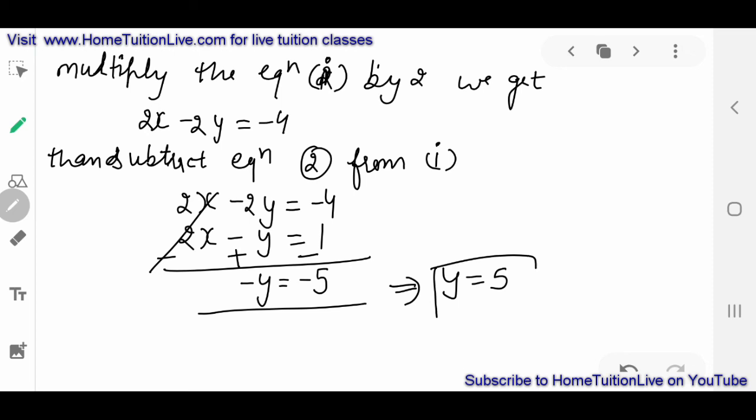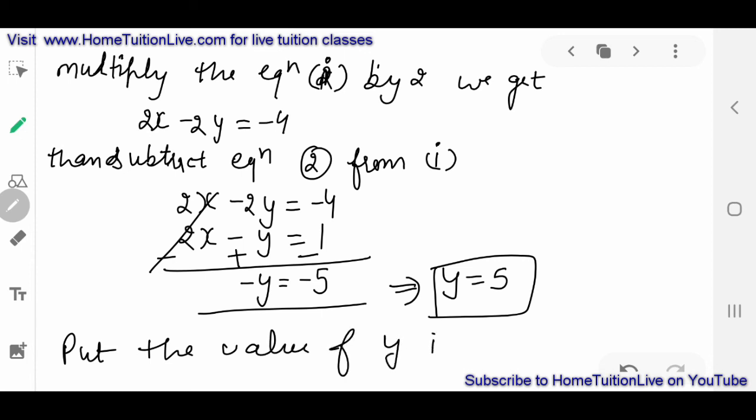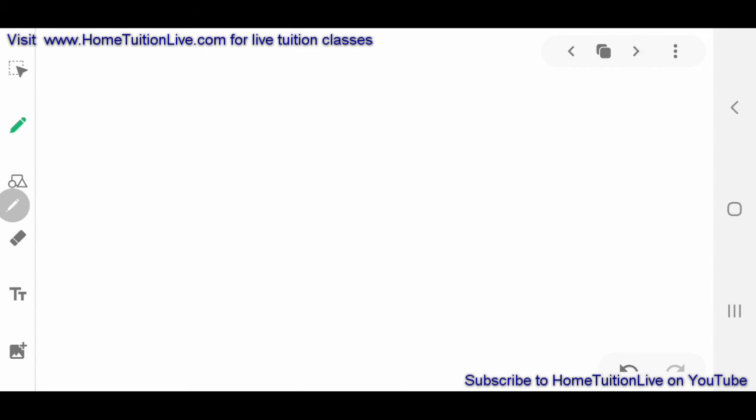This is the y value. Now put the value of y in equation 1. What is our equation 1? Equation 1 is x minus y equals minus 2, so x minus 5 equals minus 2.